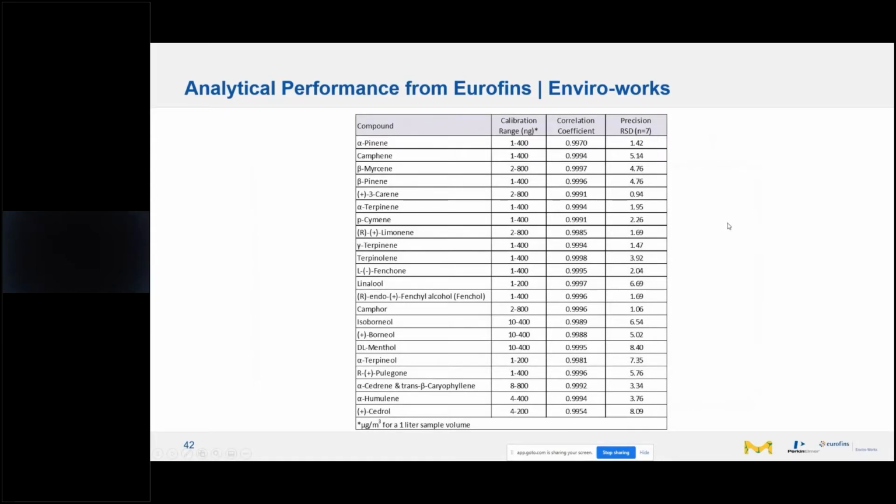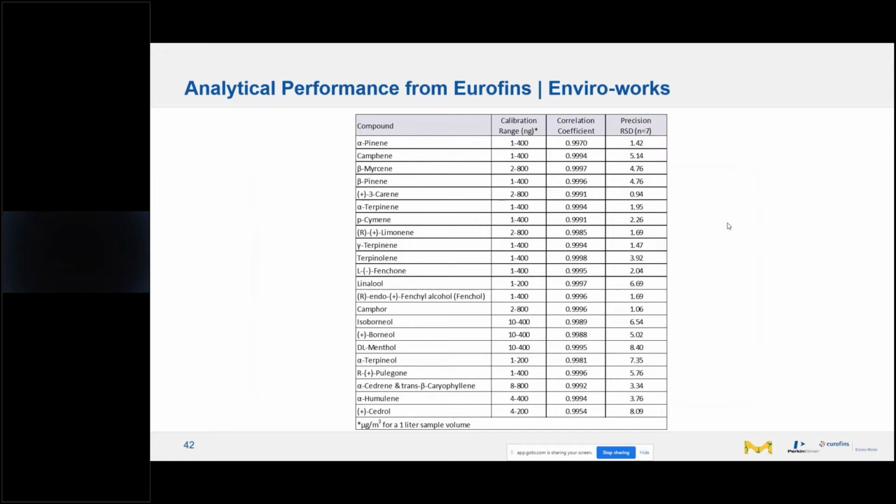Now I'd like to get into some of the validation work that my friends up in Edmonton, Alberta at Eurofins EnviroWorks did. Again, Paul and Aaron tested samples from the same site and did even more work on these samples.